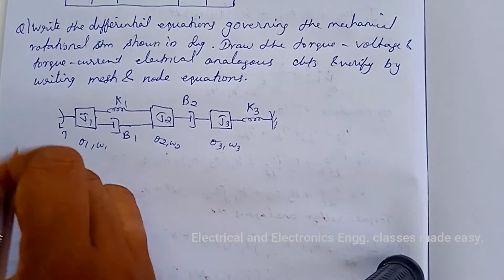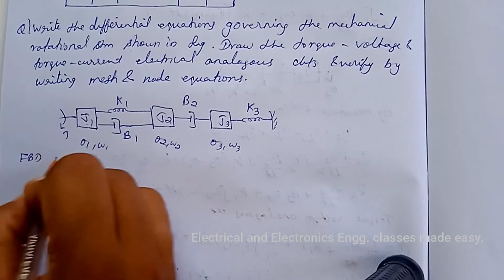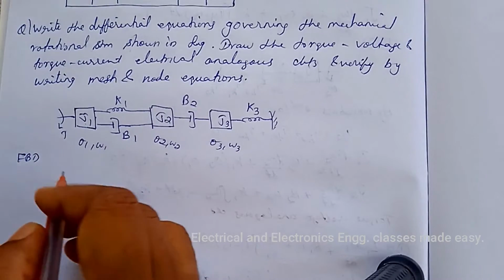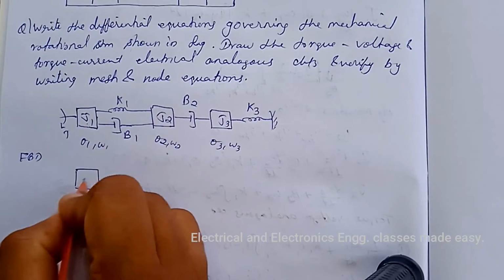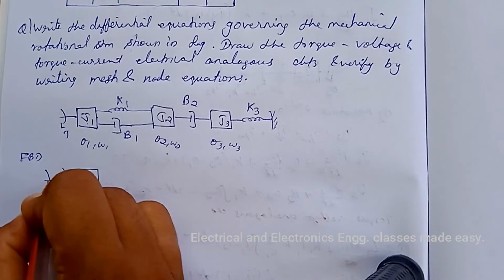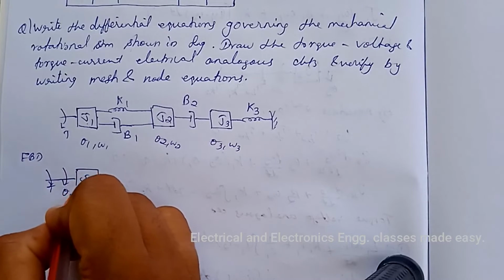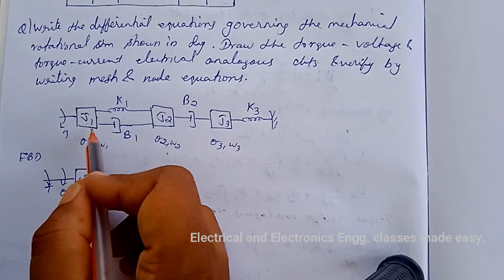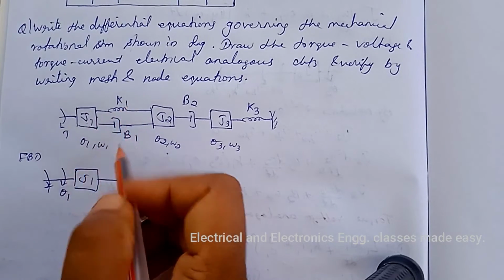So let us draw the free body diagram of J1. So for J1 the applied torque is T, then angular displacement theta 1. Opposing torques are due to J1, K1 and B1.